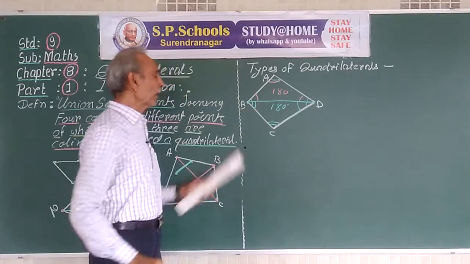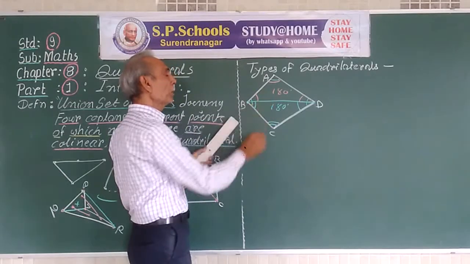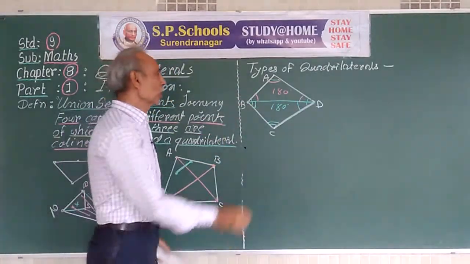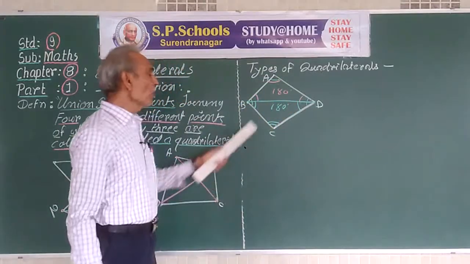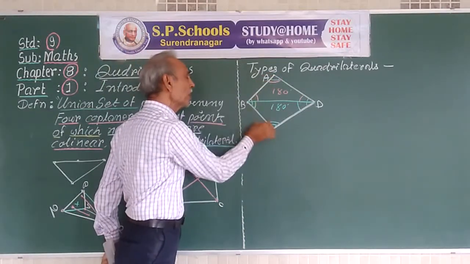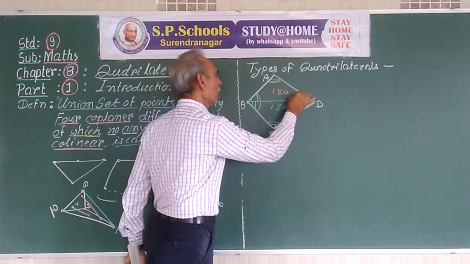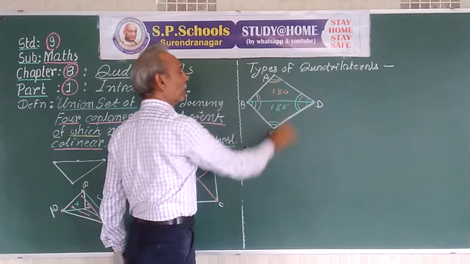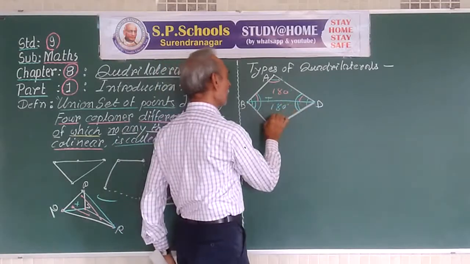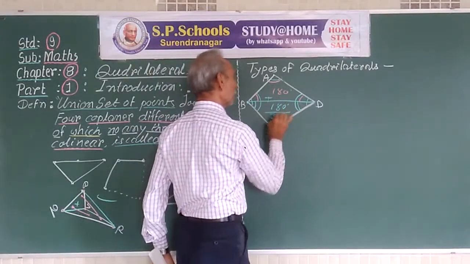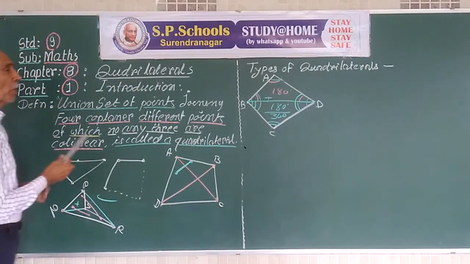Both these angles have a common vertex, common arm BD, and the interiors are different, so they are adjacent angles. So the measure of angle ABD plus the measure of angle DBC will be equal to the measure of angle ABC. So the measure of angle ABC plus the measure of angle ADC plus the measure of angle A plus the measure of angle C will be 180 plus 180. That makes 360. So the measure of all angles of a quadrilateral is 360.